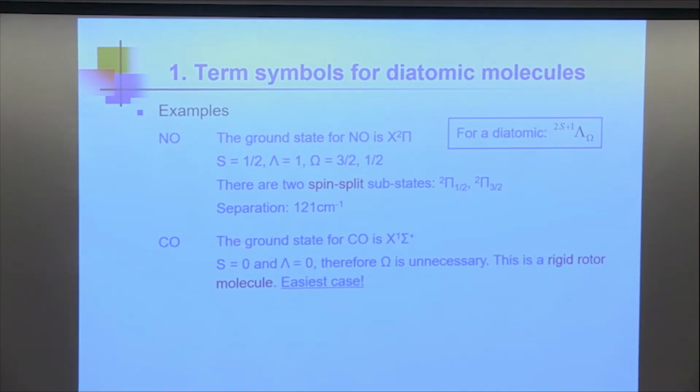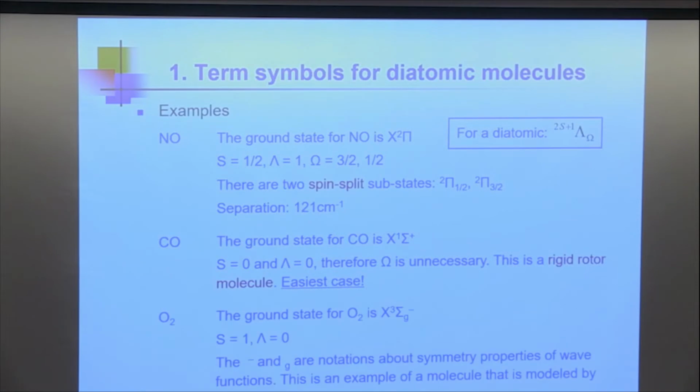Life is simple. This will turn out to be the same as the rigid rotor molecule we've already talked about. So when we talked about CO, rigid rotor, heteronuclear, the rovibrational spectra, now it's going to be the same because the electrons have no contribution in this case. It's the easiest case. Oxygen, another important species.